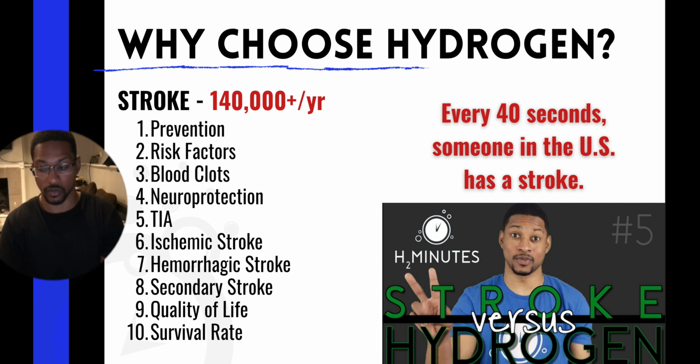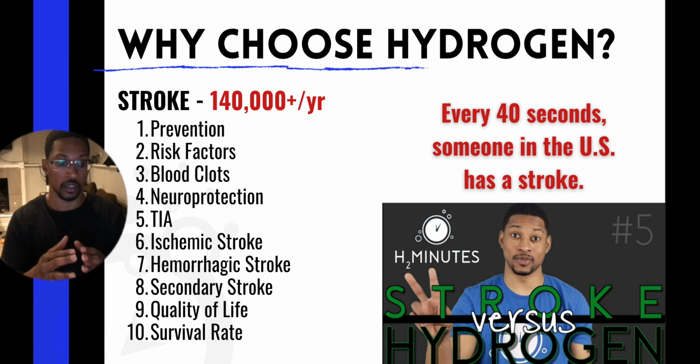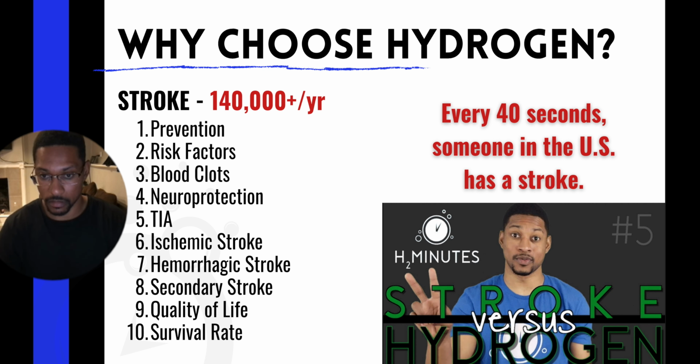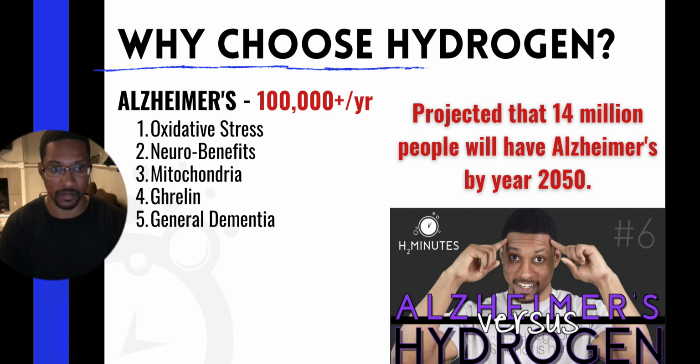In fact, there is a recent clinical study that demonstrated hydrogen inhalation for stroke recovery outperformed an approved pharmaceutical drug in its therapeutic effects for the stroke recovery for these patients. So, yeah, it's pretty impressive stuff they're seeing in the scientific literature.